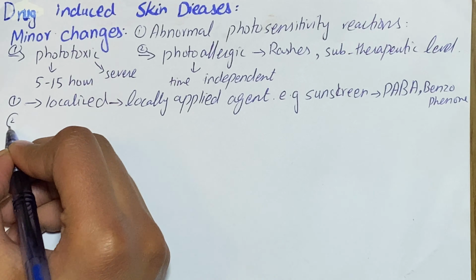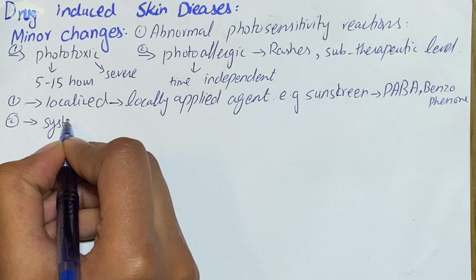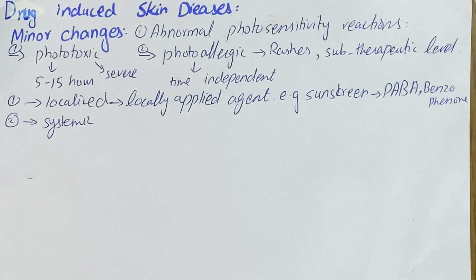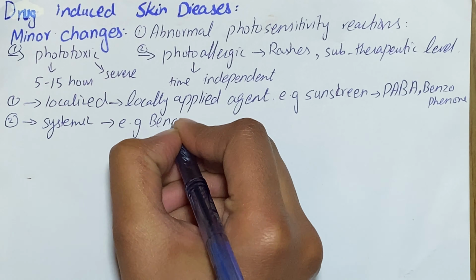So moving towards the systemic type of abnormal photosensitivity reactions. In this type of reaction, when you take a medicine having this ability, it will spread in all of your skin, and when UV rays come in contact with that metabolite or that drug present in your skin, it will cause these reactions.